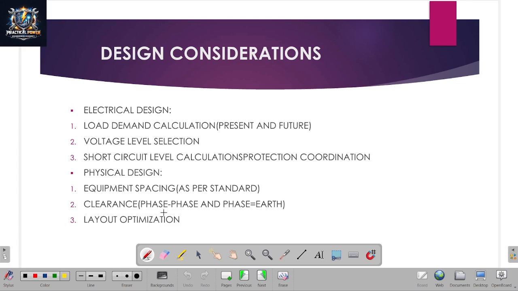That means the equipments will be laid in a specified area perfectly, obeying every parameter, every design criterion, spacings and clearances. What will be the layout for optimization.